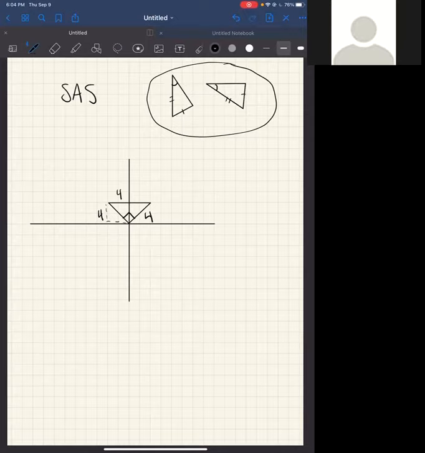So now we can do the same side angle side over here. Okay, we can do a 4, 4, and a right angle again. However, this side would equal 8.